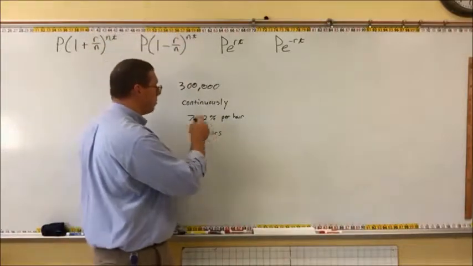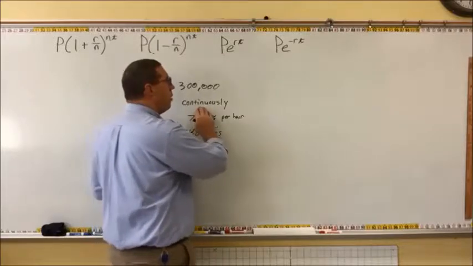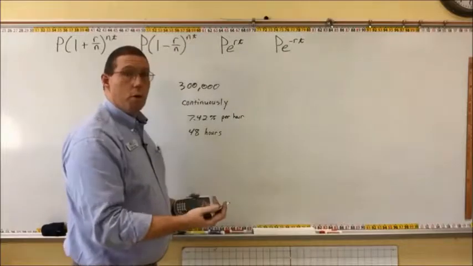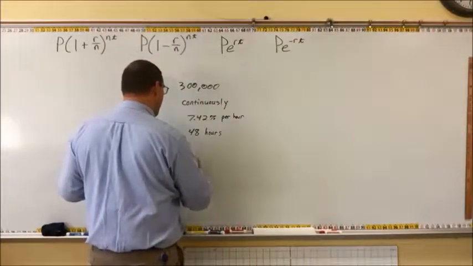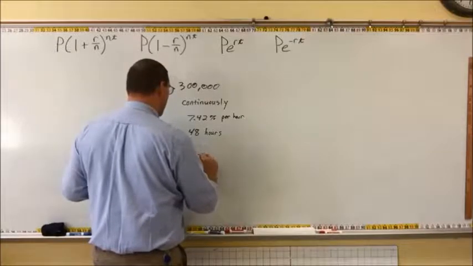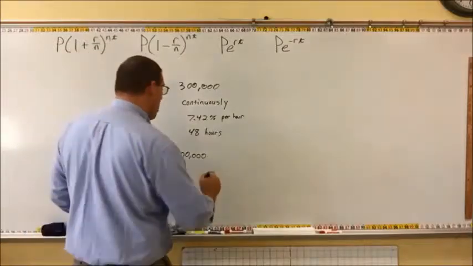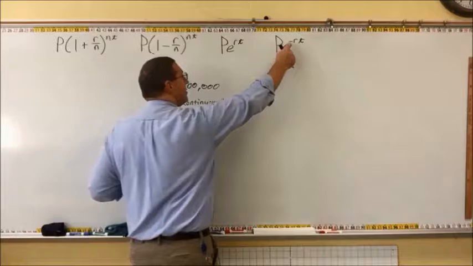So because this is dying continuously, we know it's going to be PE to the negative RT. So P is the starting value, and in this case, that's 300,000, right? So 300,000. Then we're just going to put an E, because E is a number, right? Like pi. Put an E to the power of negative R.